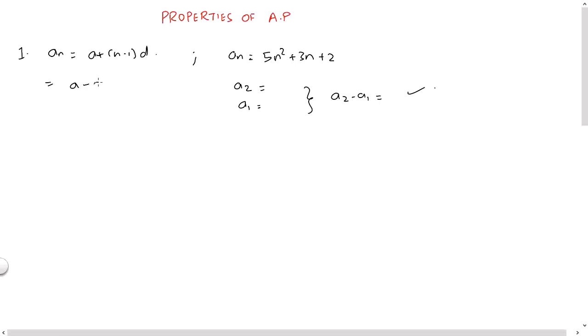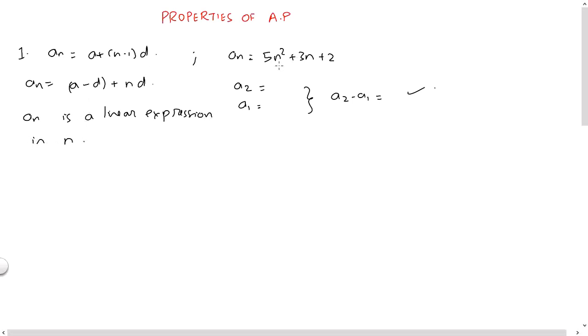I will write this as (a minus d) plus n into d. So you can observe that the power of n is 1, which means the nth term an is a linear expression in n. It's always a linear expression in n.